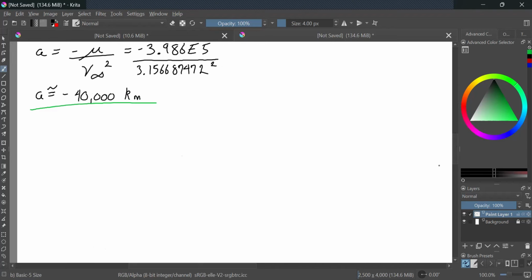So we have an A value, a semi-major axis value. Now we need an H value, an angular momentum value.